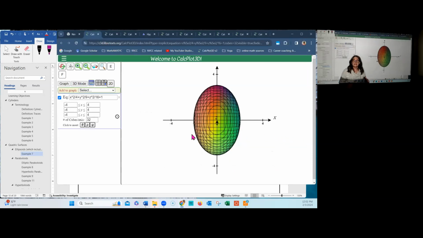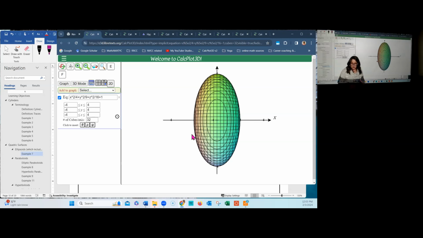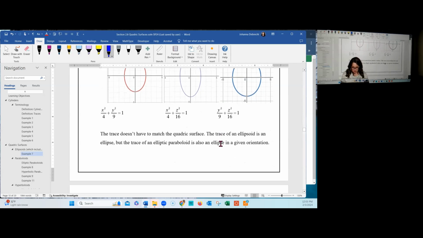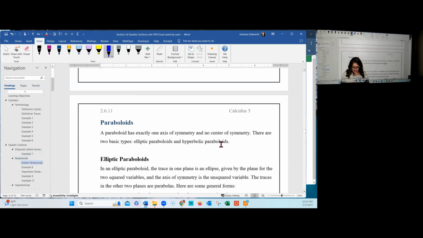If I want to see it in CalPlot 3D on the XZ, then I need to take out y, so I do Alt-Y. And now you can see it goes between -2 and 2 on the x and -4 and 4 on the z. And these are what are called traces. Now, when we do this, we're always going to get an ellipse for an ellipsoid, but that is not necessarily what we're going to get for other traces, right?